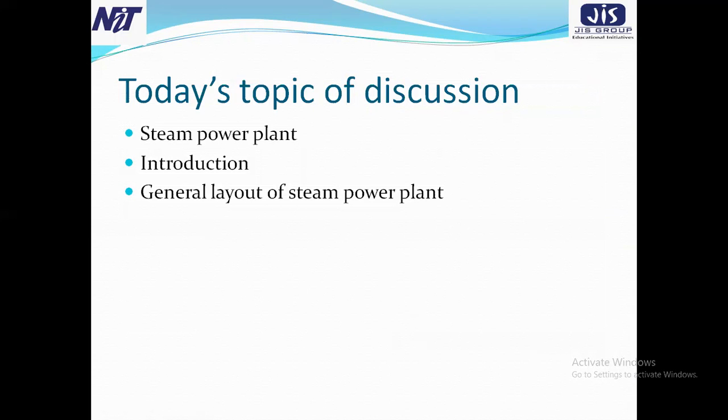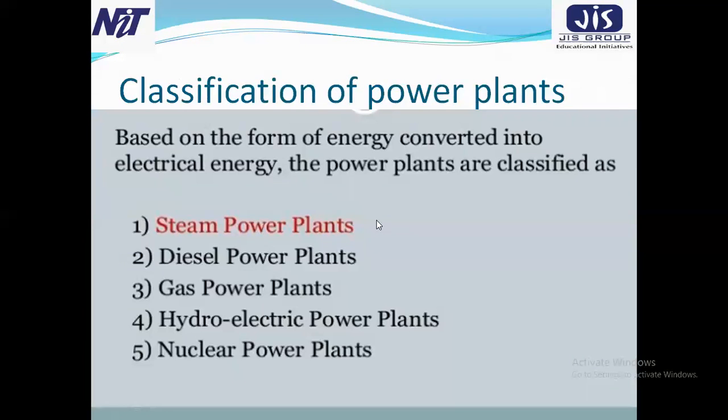Then we'll talk about the very basics of the introduction for this steam power plant and general layout of the steam power plant, and its different parts will be discussed for today's topic. First, let me talk about the different types of power plants, or classification of power plants, which are available in the world.